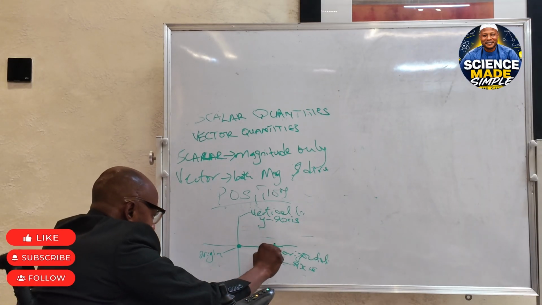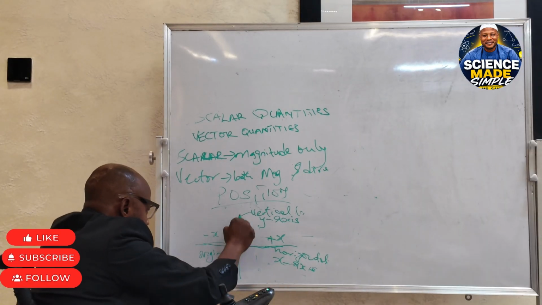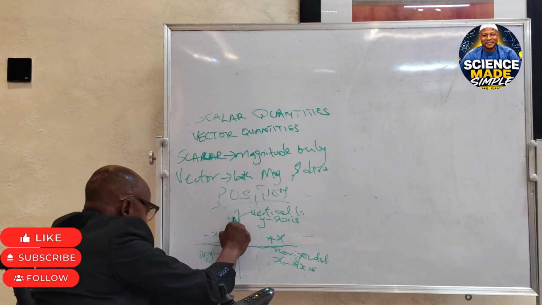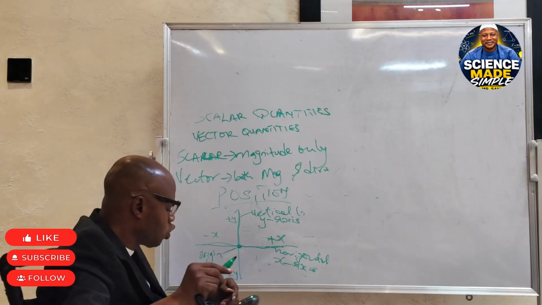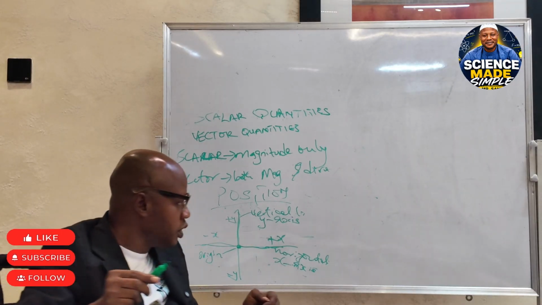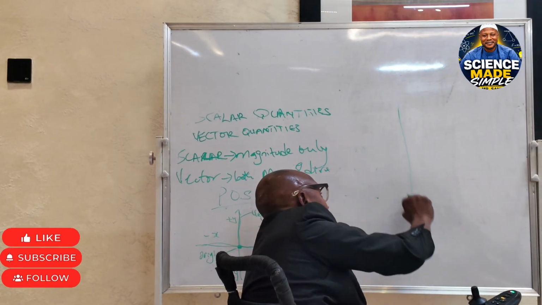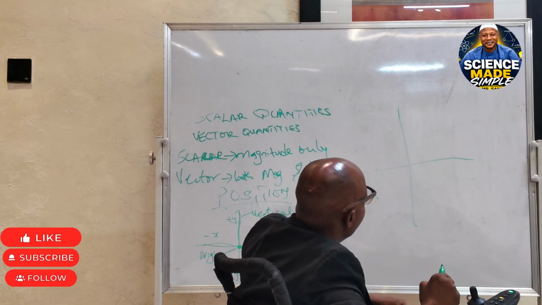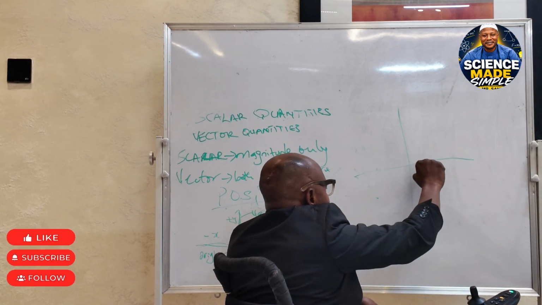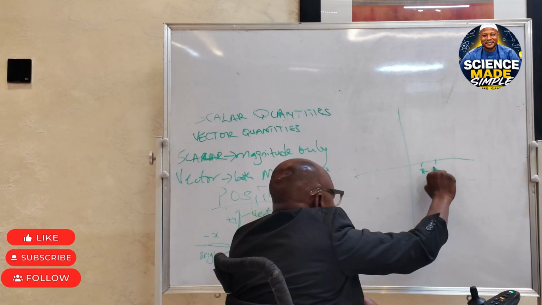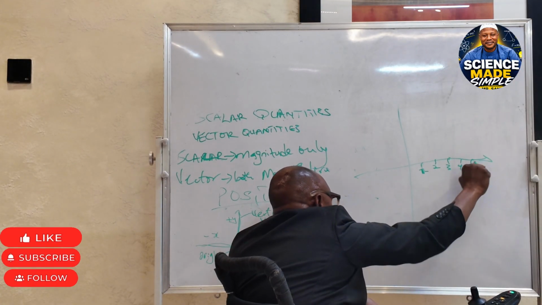We have here positive x. If it goes like this, negative x, like this, positive y, like this, negative y. If you want to locate an object in the region, you draw these two axes that are called the x and y axis. Let's say this x-axis is graduated 1, 2, 3, 4, 5, and so on.